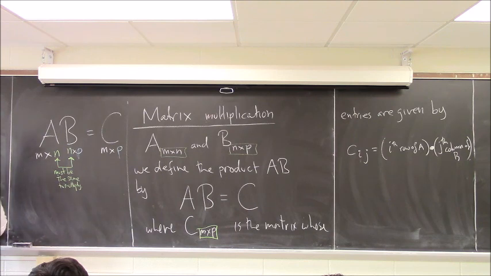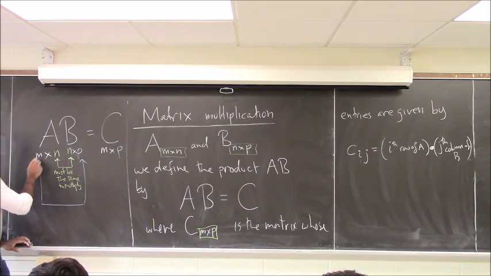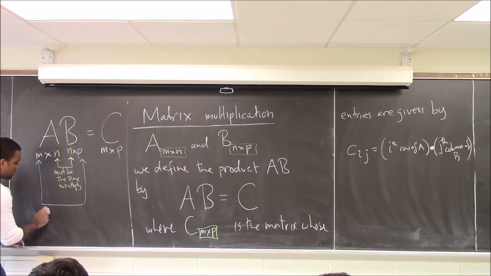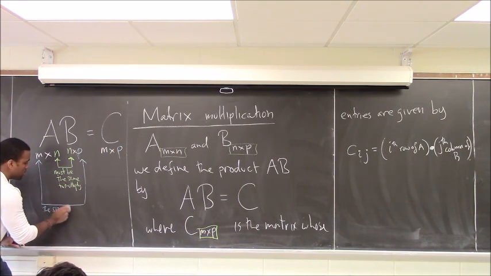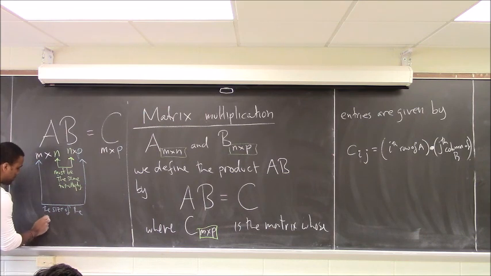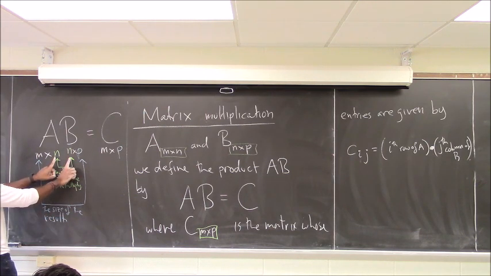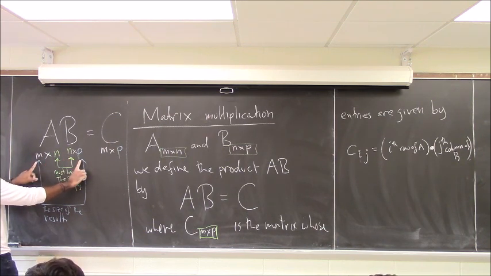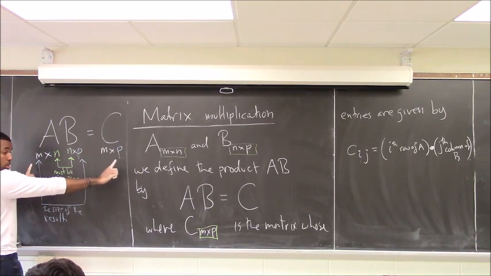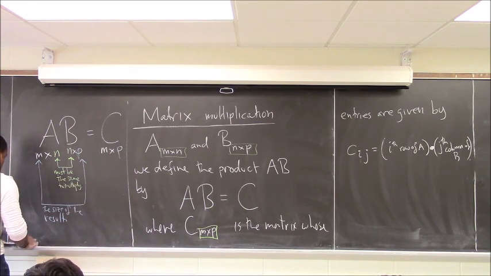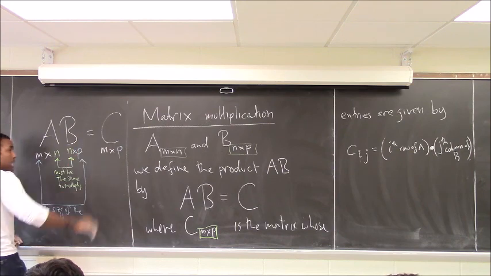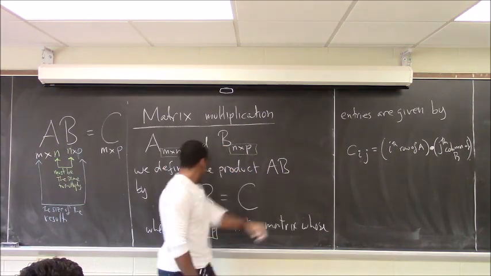Now, the outer numbers, the m and the p, give you the size of the result. So the inner numbers tell you that yes, multiplication works, I can actually do this process. The outer numbers tell you what size your result should be. Now to actually compute this guy, it's computed that way.